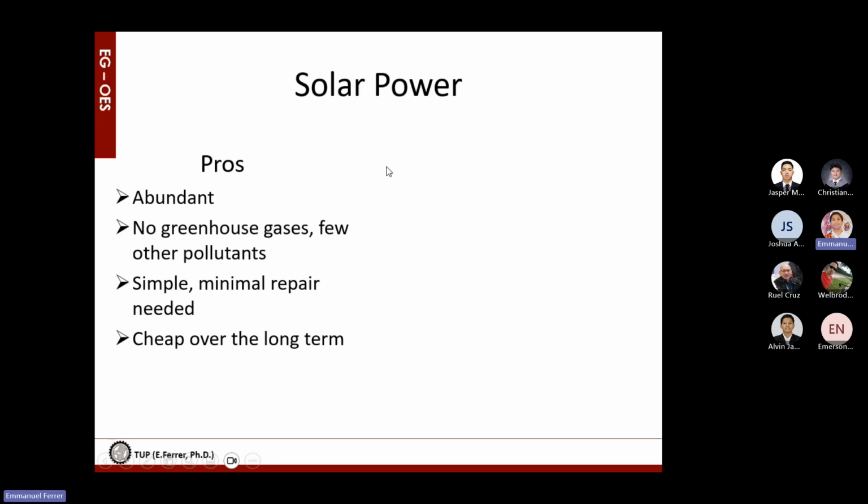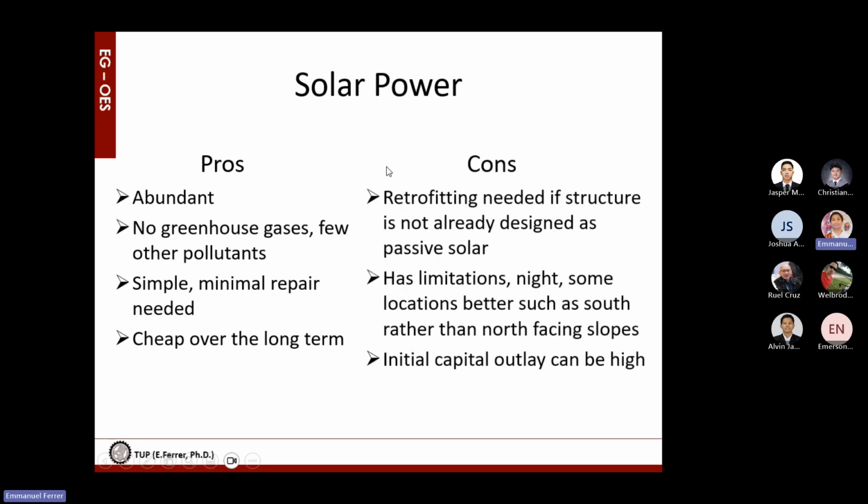Okay? Solar power's pros and cons. Solar power, pro: abundant. If you will check, yung energy na pinoprovide ni sunlight is more than enough to supply the energy demand of the whole world, no? Global demand. Sobra-sobra.